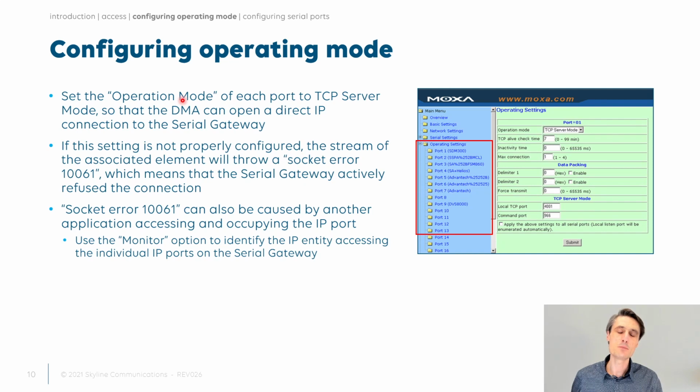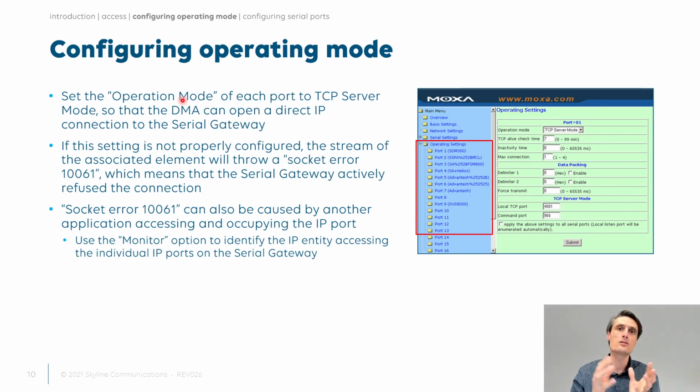The operating mode means that sometimes you can have certain ports that are working in a real COM mode, connecting to some kind of driver you need to install, or in a client mode. We really need all the ports that we connect to to function as a TCP server. So basically, it's a server waiting for incoming connections, and DataMiner is able to connect to it.